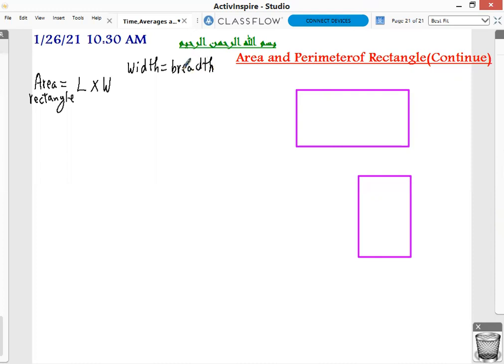It is the same. And they will put the letter B instead of W.